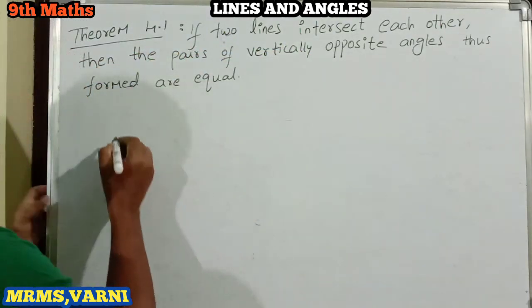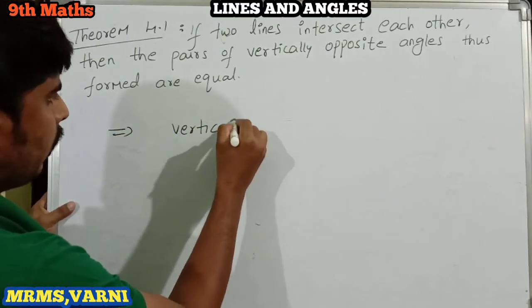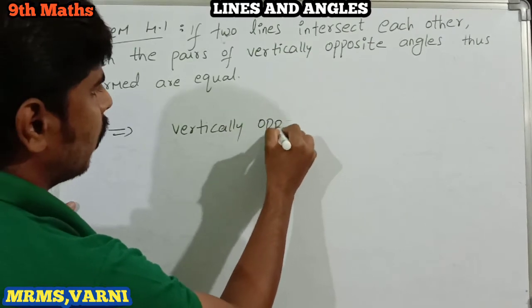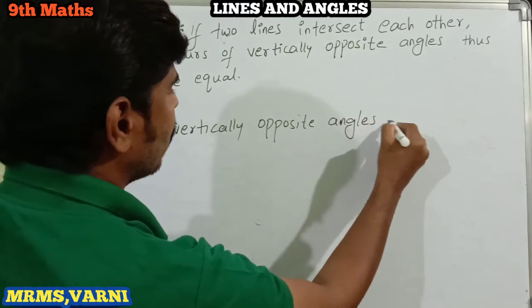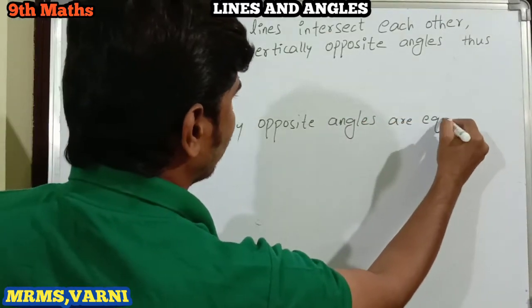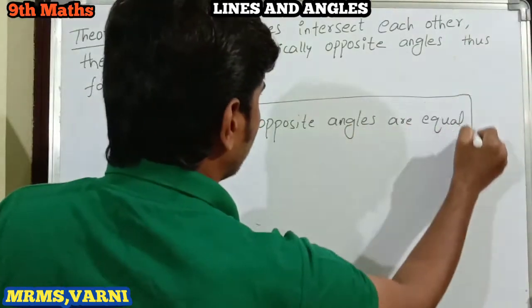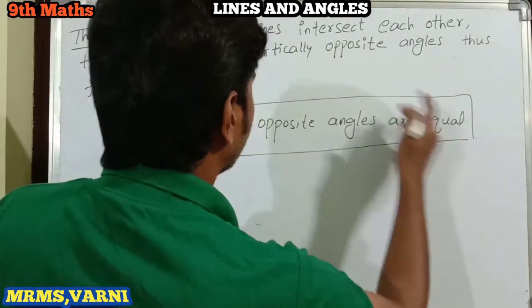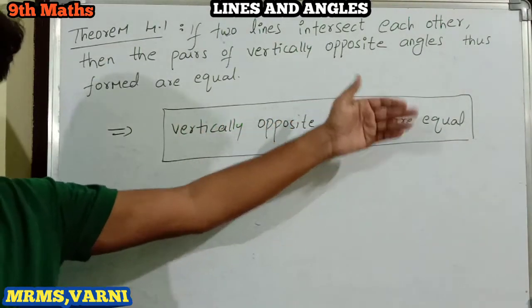Simply, he is saying that vertically opposite angles are equal. This is the theme of this theorem.